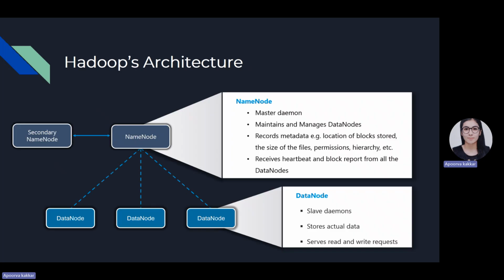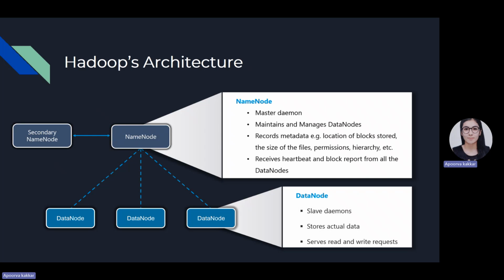Then how does Hadoop work? Hadoop follows a master-slave architecture where there is a name node and multiple data nodes. The name node is a master daemon which maintains and manages the data nodes and stores metadata.